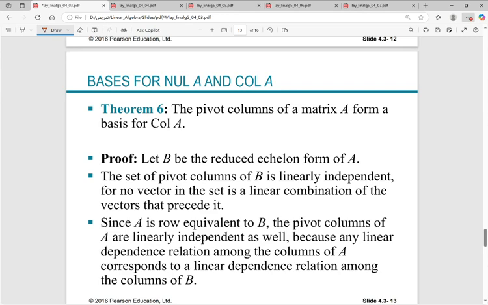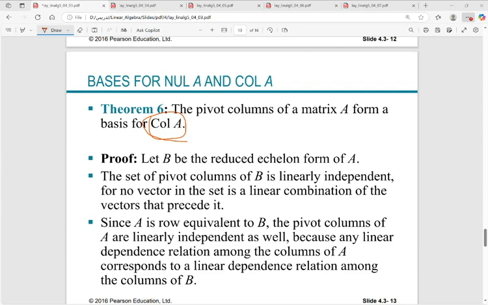What is the column space of a matrix? Col A. I explained Col A. What is Col A, or the column space of A? Doctor, it's the span of A1 to AN.